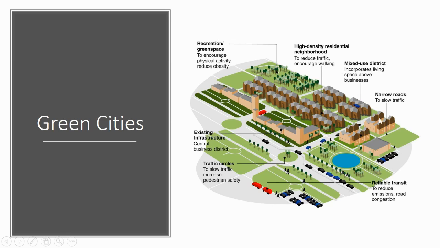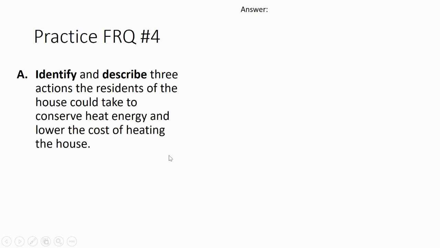They have a mixed use district, thinking back to our urbanization topic, which incorporates living spaces above businesses, once again limiting the need for travel. They have recreational green spaces. That's going to encourage physical activity, reduce obesity, increase the health of those residents, and so on.